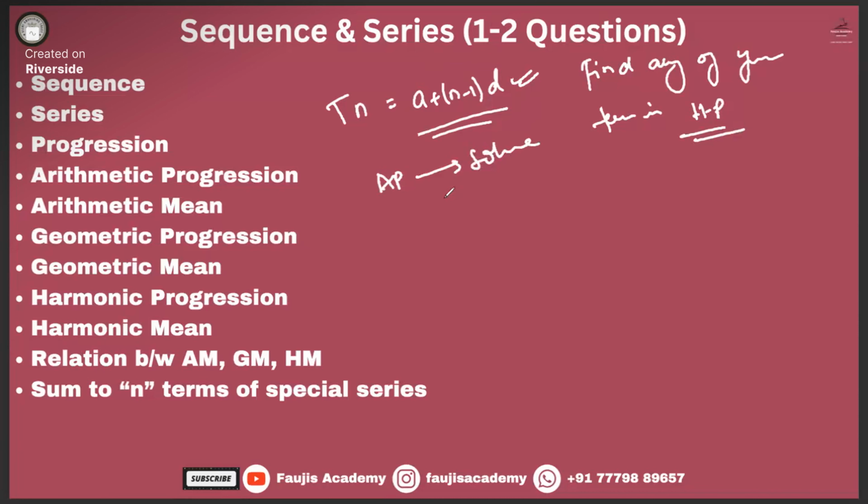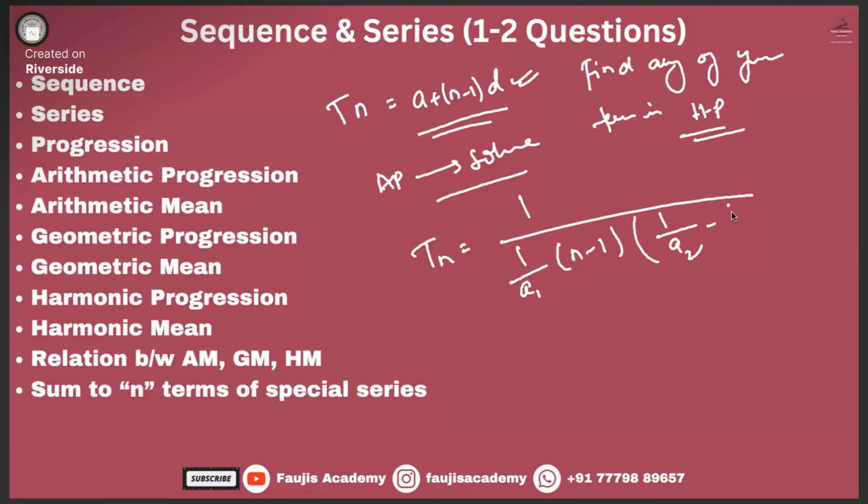Okay, that's it. But if you want to, let's say, find the nth term of an HP, how will you do that? So nth term of an HP is given by 1 divided by A1 into n minus 1 into 1 by A2 minus 1 by A1.